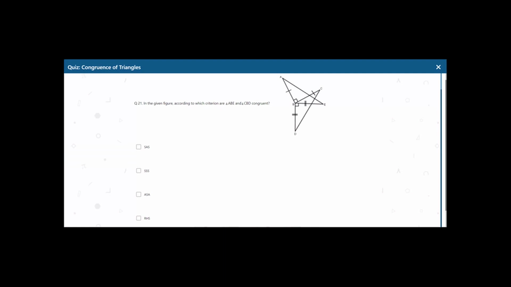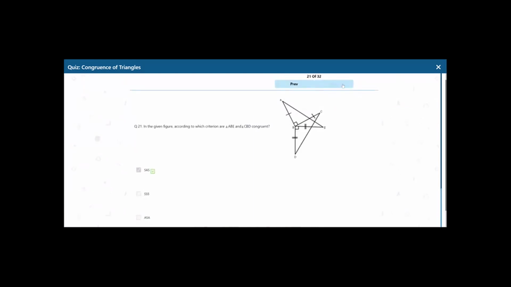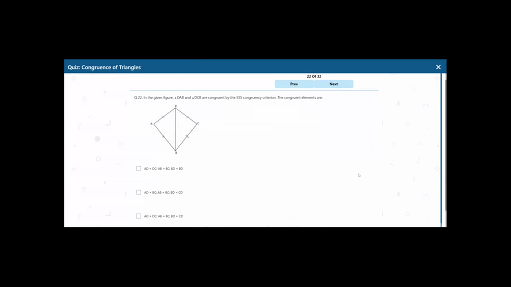Ma'am, by SAS. Correct. That's correct. DAB and DCB are congruent by SSS. What are the congruent elements? SSS.